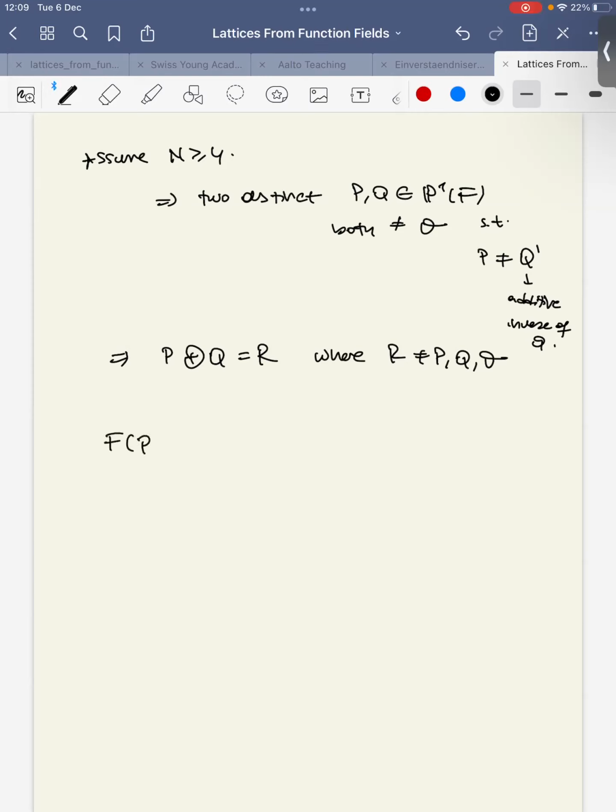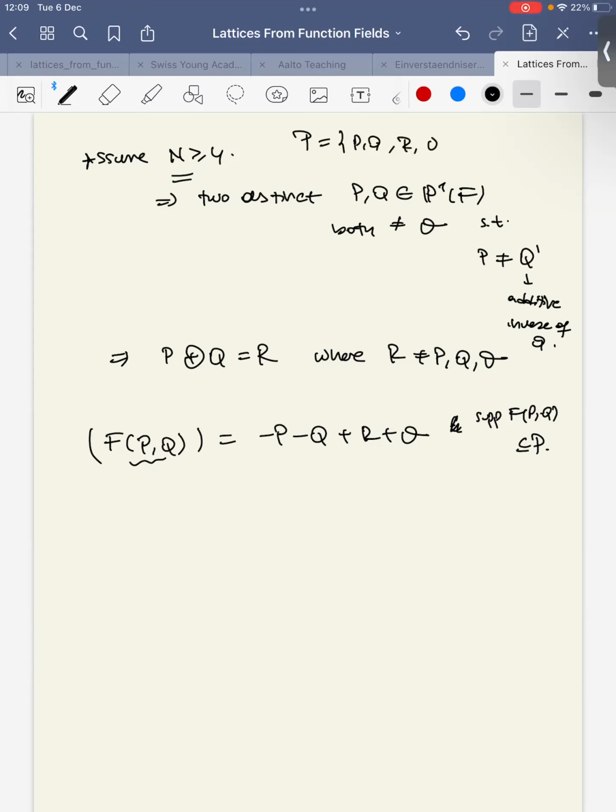Then again, just consider the function which relates P and Q. Its principal divisor is going to be minus P minus Q plus R plus O. So we know that this f_PQ has the support as a subset of P, because we suppose that the n-tuple contains at least these places P, Q, R, and O. Then when we look at its image under phi, we can see that the minimum distance should be less than or equal to 1 with respect to the L2 norm.